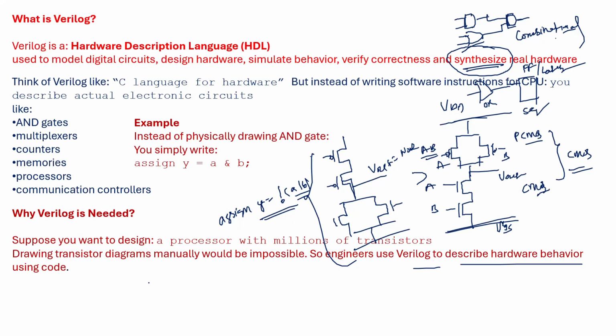Suppose you are using this code, y equal to a and b we are writing, right? This is the simple code for AND gate operation. Similarly, you are going to design a MIPI protocol. In this MIPI protocol you are implementing some pixel to byte format.